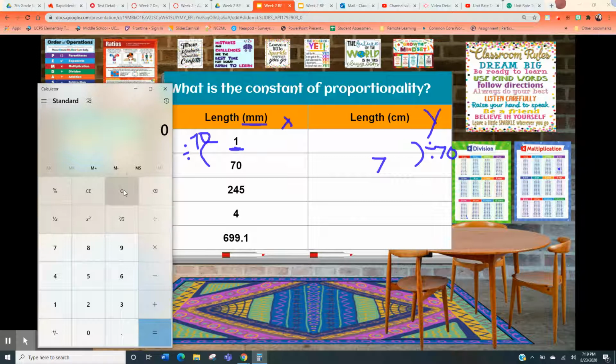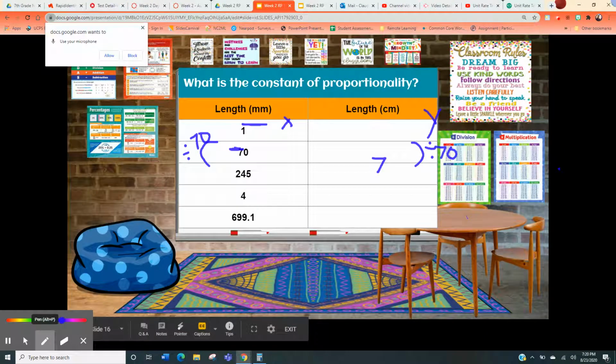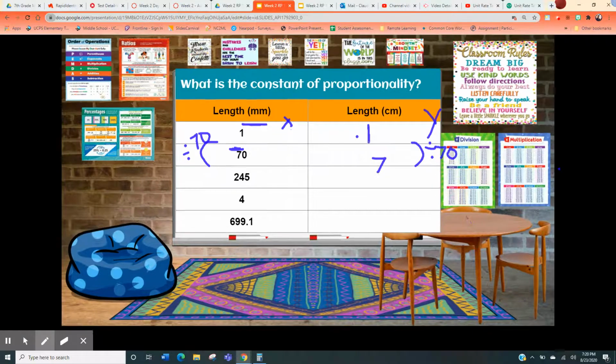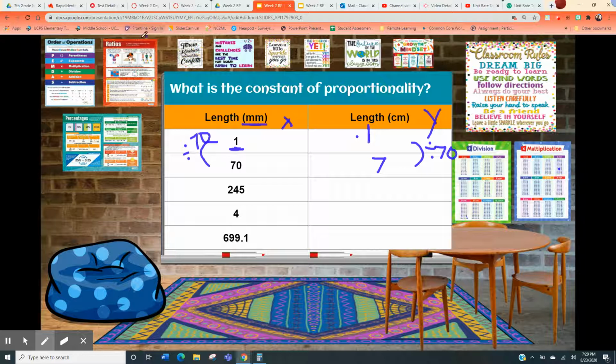So if I'm going to say 7 divided by 70, I'm going to put in my calculator 7 divided by 70. It doesn't matter if the number 70 is bigger. And my answer is 0.1. So let me go ahead and put that in there, 0.1. So for every 1 millimeter, it's 0.1 centimeters.